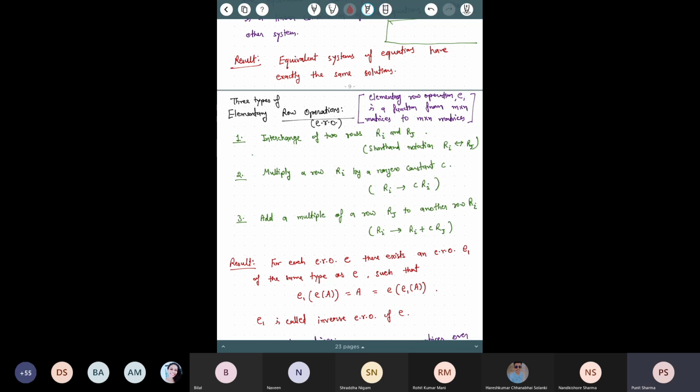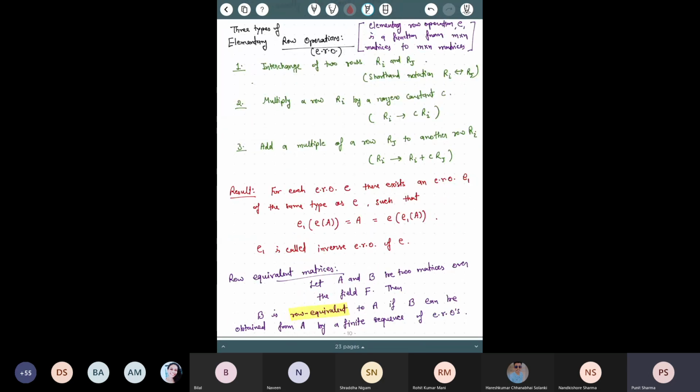We call them elementary operations, and for these we have a result: for each elementary operation E, this E can be any of these three types of operations, there exists an elementary operation, let's call it E1. This is just a notation.